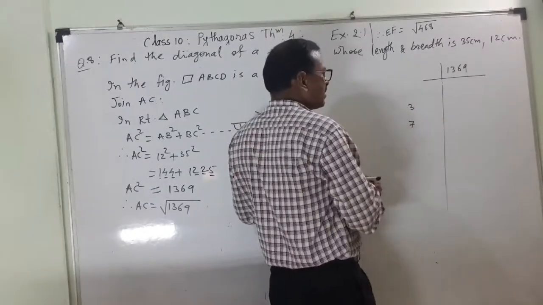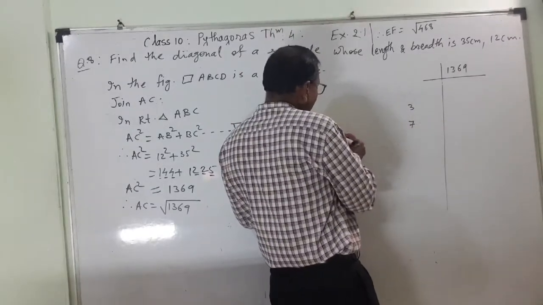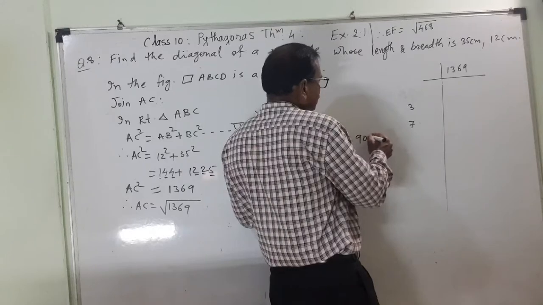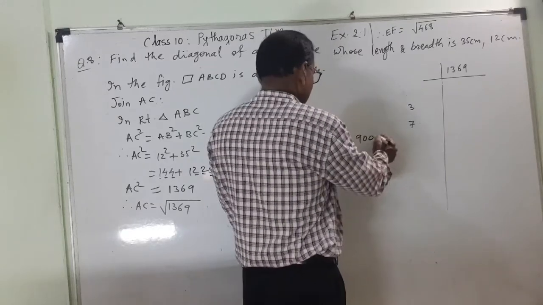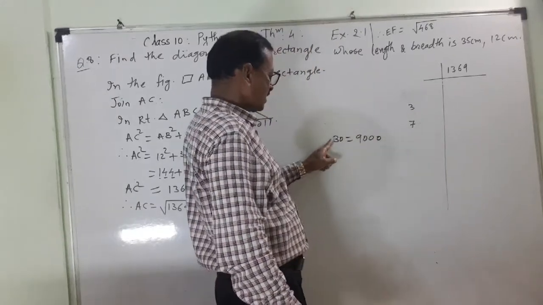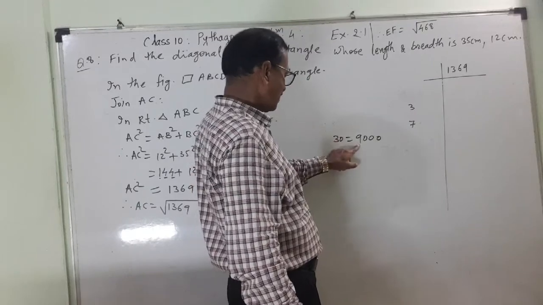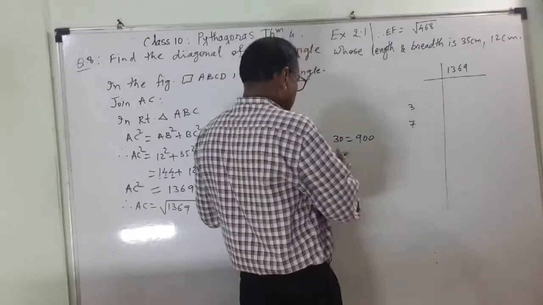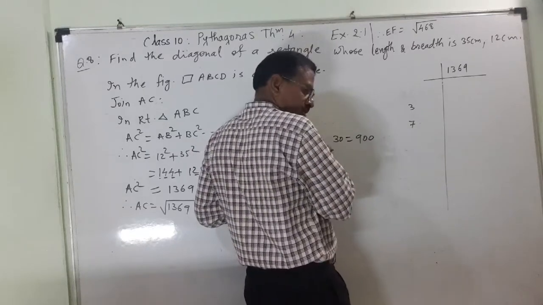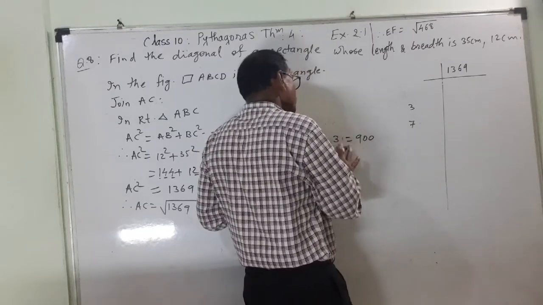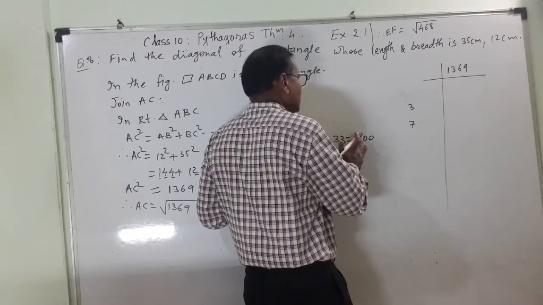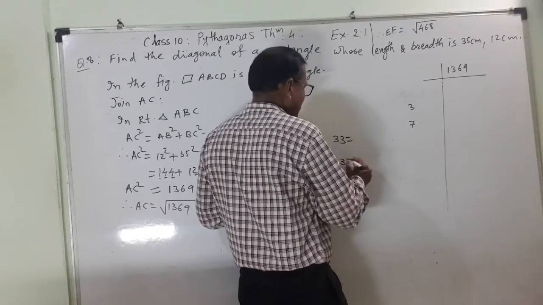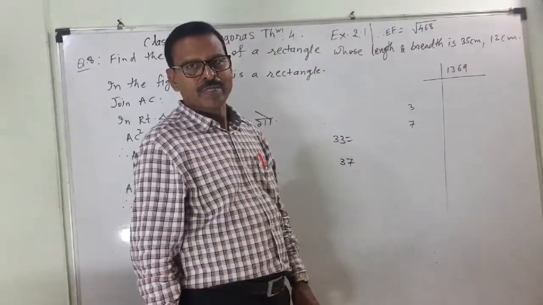Now 30 square is 900: 3 3 are 9 and two 0s, 900. So this is also small. So it should definitely be more than 30. So 33 or 37 should be the number.